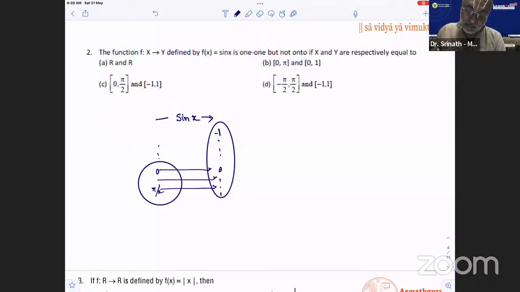Did you observe that? This is your x and this is y. So this function is 1-1, but not onto. So we have cut the domain in size, so that it is from 0 to pi by 2 and minus 1 to 1. So you should observe that from minus 1 to 0, it does not have any pre-images. Therefore, the answer is option C.